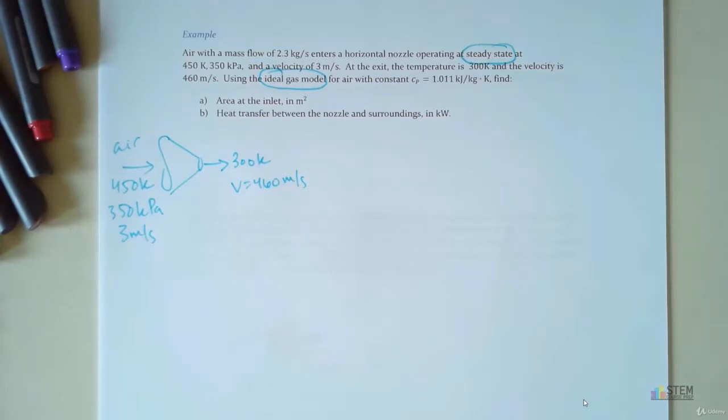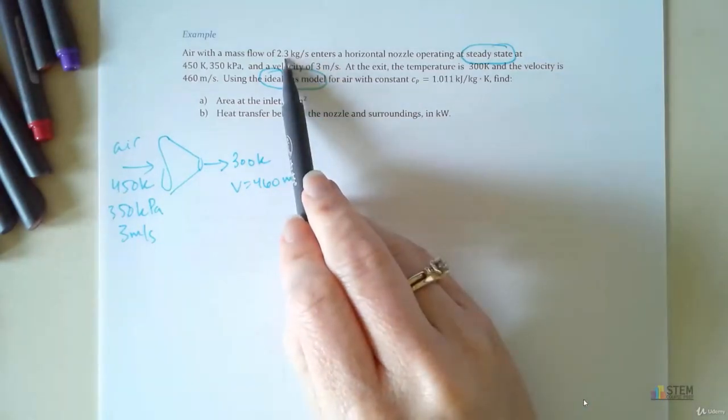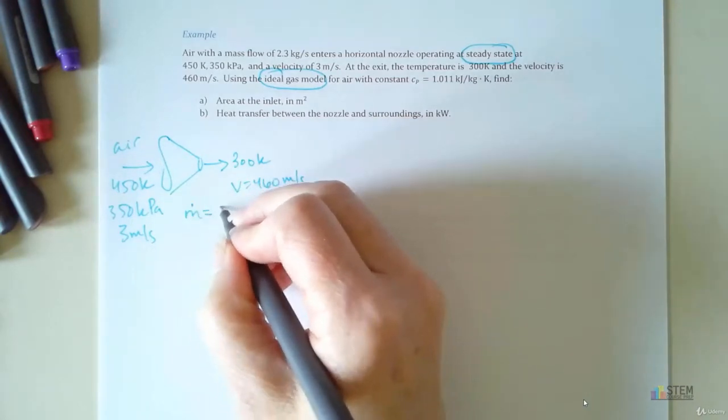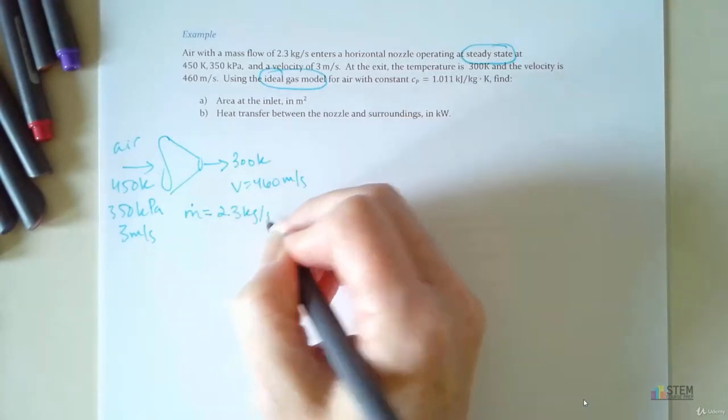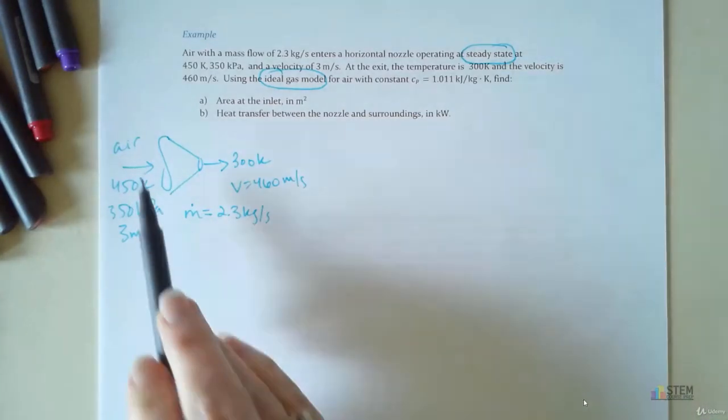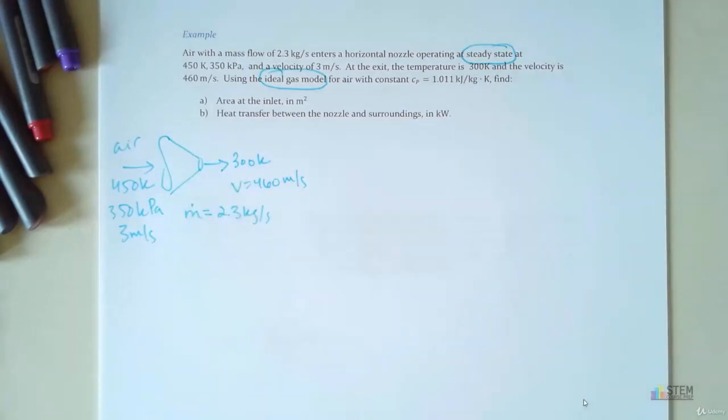Now, we were given the mass flow also, right? We had 2.3 kilograms per second. That's going to be m dot. And notice this is steady state, so this mass flow rate goes for the inlet as well as the exit. So there's only that one that we need.